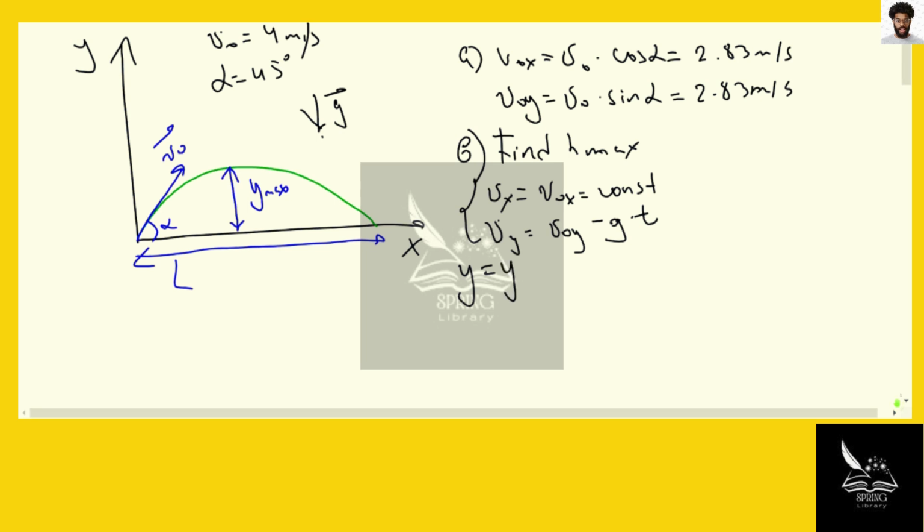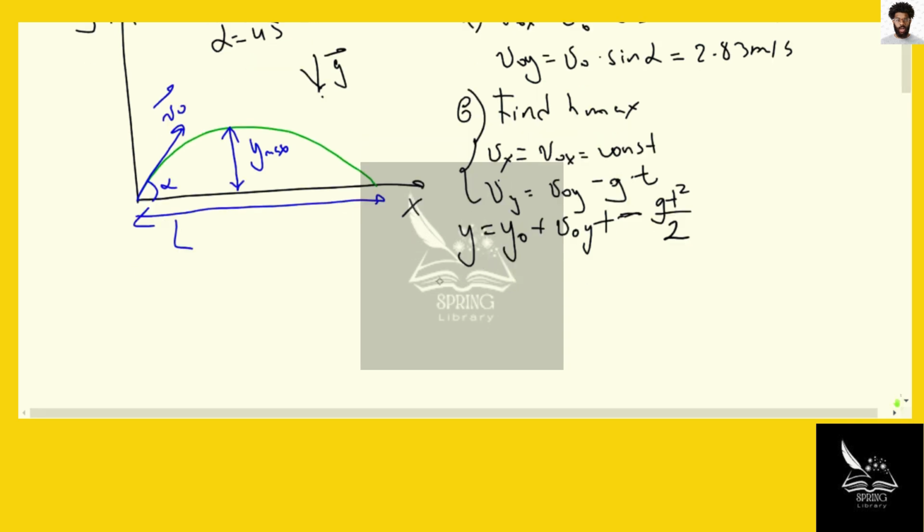So it's y0 plus the initial vertical component of the velocity multiplied by time negative gt squared over 2. So the first part equals 0 because the ball was released from the ground. Therefore, y equals the initial vertical component of the velocity multiplied by time, negative gt squared over 2.